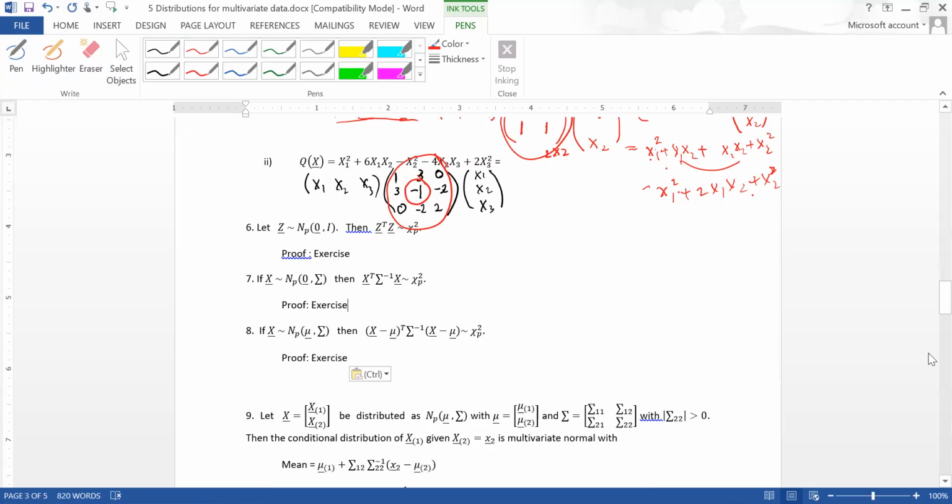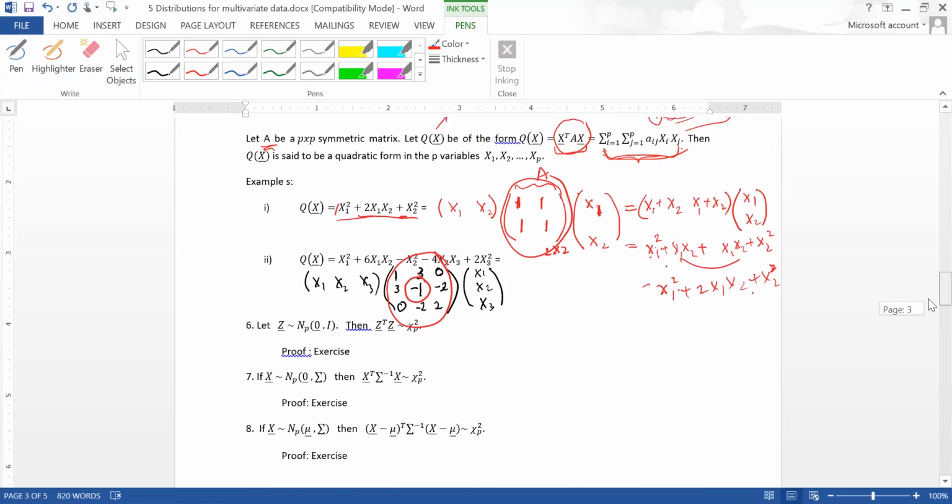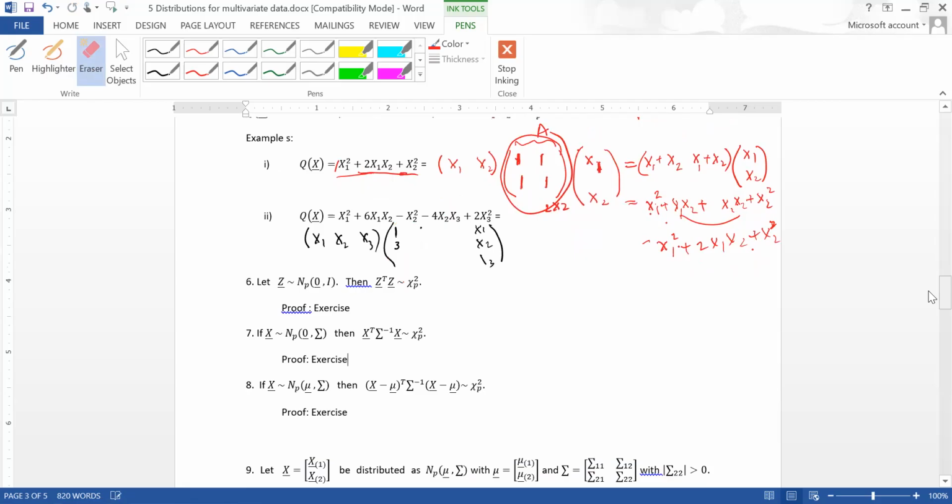Okay, so as I said, the next three properties are based on these quadratic forms of x's. We have three properties here. The sixth property, the first one from quadratic forms. If Z is distributed as p-variate normal 0, I. First of all, what's the dimension of Z?